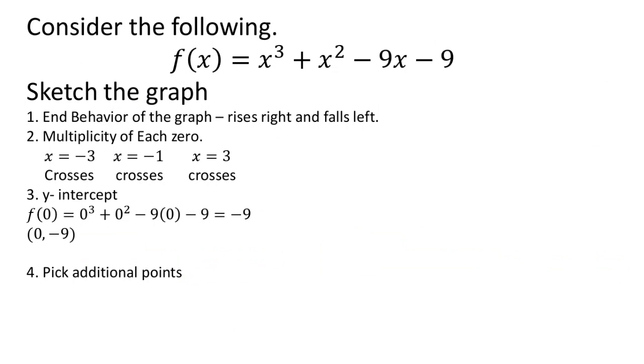These are my zeros. If you notice, our zeros are x equals -3, x equals -1, and x equals 3. None of them repeated, so they're all just going to cross. Any questions on when it touches or crosses?